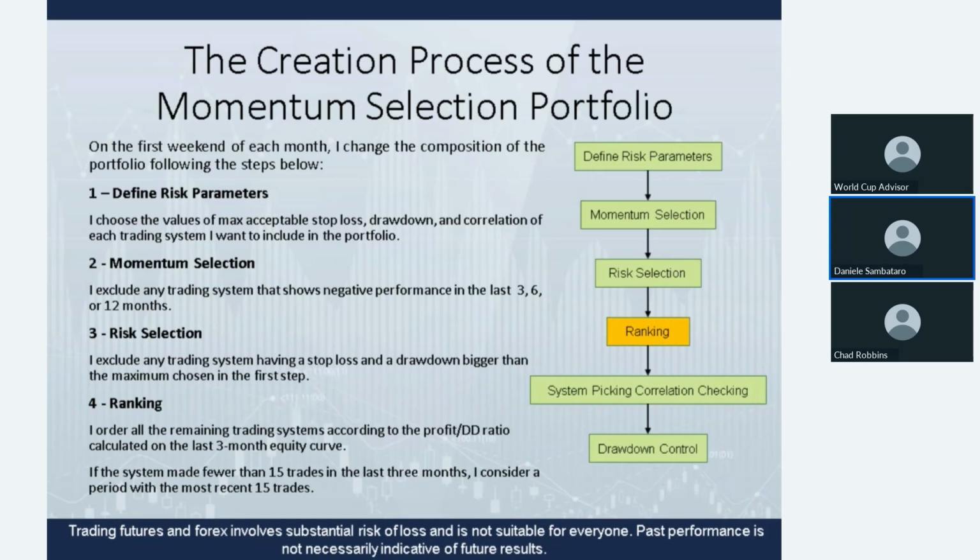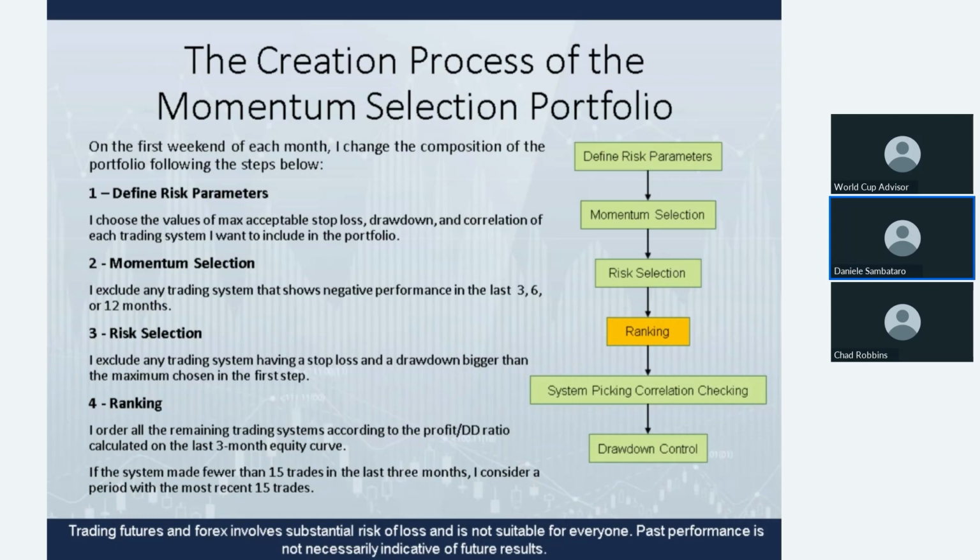So I order all the remaining trading systems according to the profit on drawdown ratio calculated on the last 3-month equity curve. If the system made fewer than 15 trades in the last 3 months, I consider a longer period with the most recent 15 trades.